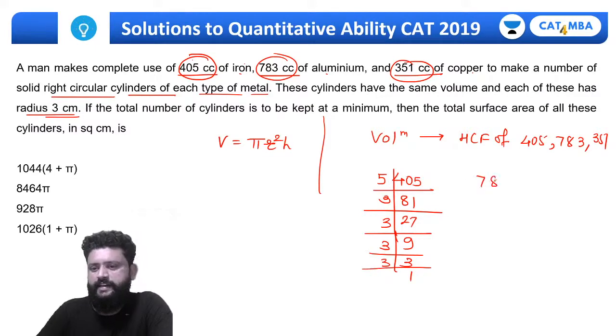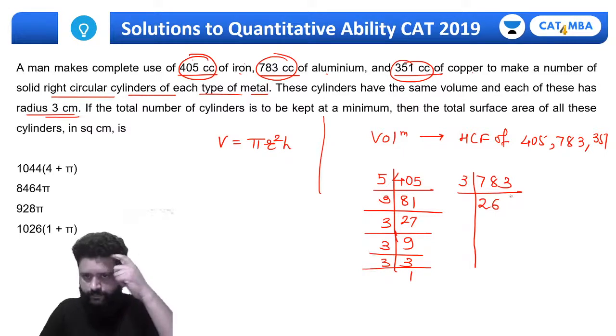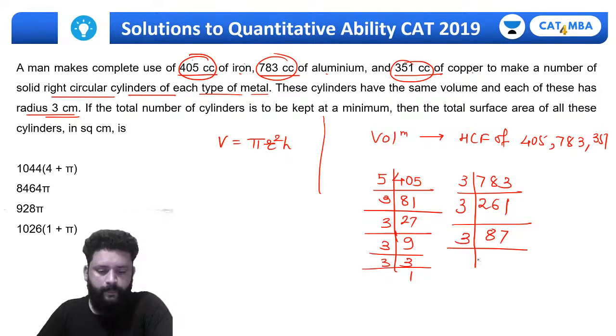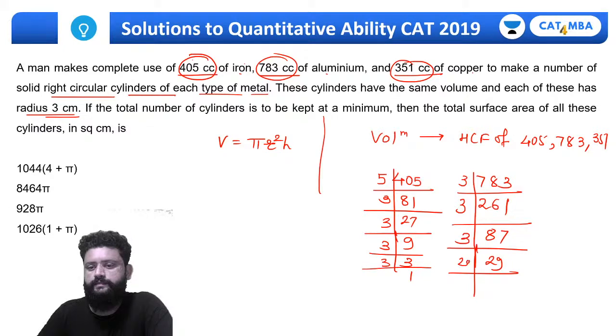Then let's take 783 is also divisible by 3, divided by 29.